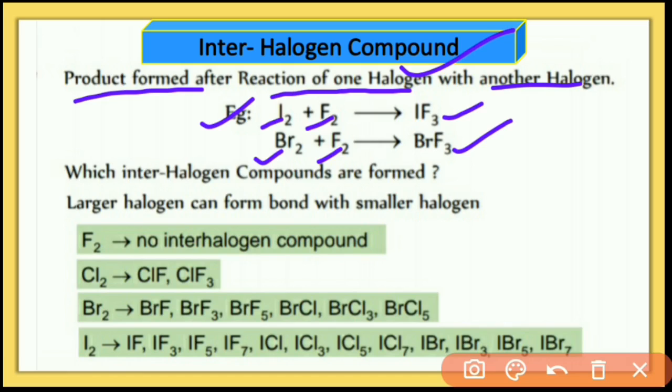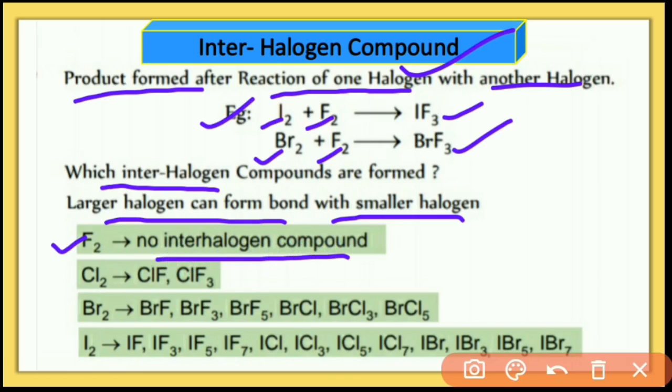So the question is which interhalogen compounds are formed? Generally a larger halogen can form a bond with a smaller halogen. Therefore fluorine cannot form interhalogen compounds, because of its smaller size.